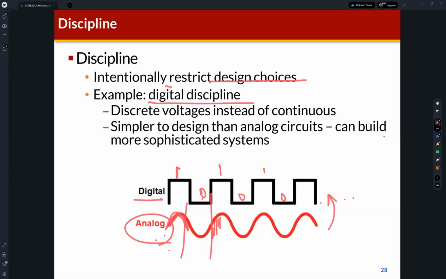And because we reduce the possible cases for representing a signal, we can simplify the signals or data we need to handle in our system. This is discipline. We intentionally restrict design choices to simplify the design process of our system.